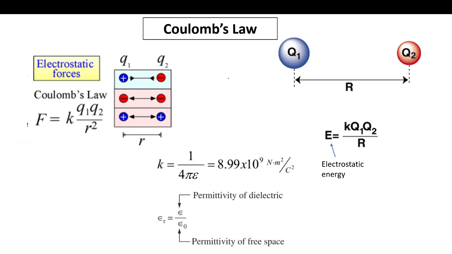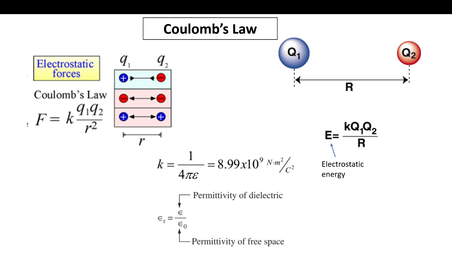If you remember your physics basics from class 11-12, then you will know that the electrostatic force between any two charged molecules in space, separated by a distance of r, is given by Coulomb's law.